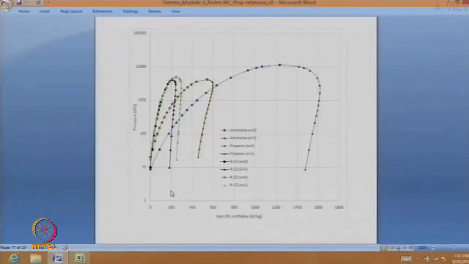The other thing that this sort of picture tells us is what are the substances that have somewhat similar properties. And this issue came up 20 years back when R12 as a refrigerant was banned because of ozone layer depletion. An immediate question people started asking was, what is the material that I can put in my refrigerator and air conditioners? So people started looking at these properties and said, let's see what all materials we have.